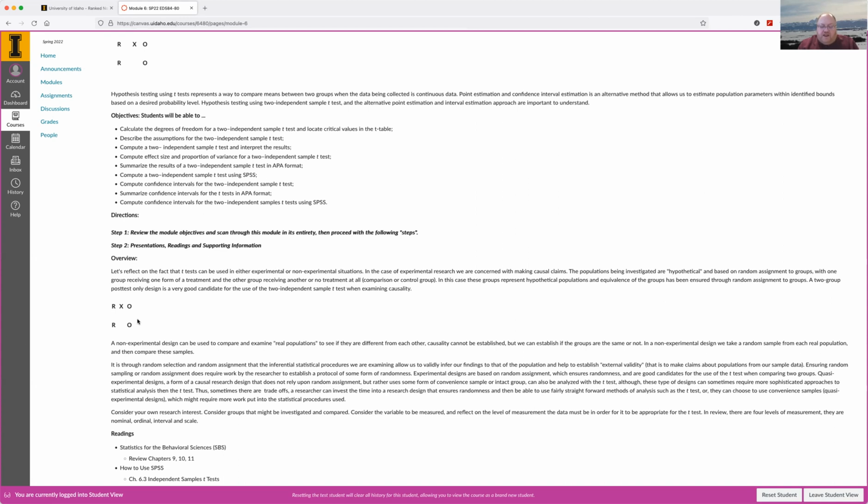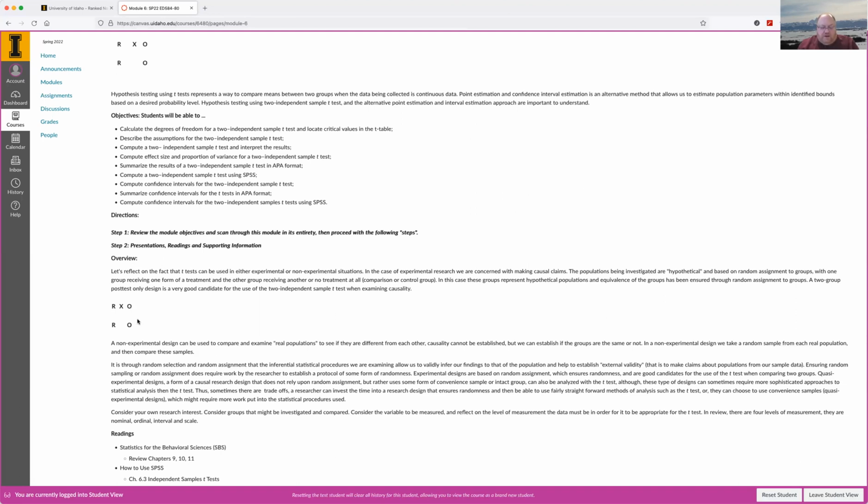Quasi-experimental designs, a form of causal research design that does not rely upon random assignment, but rather uses some form of convenience sample or intact group, can also be analyzed with the t-test. Although these types of designs can sometimes require more sophisticated approaches to statistical analysis than the t-test. Thus, sometimes there are trade-offs.